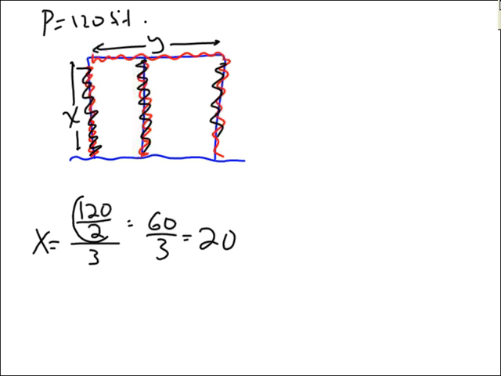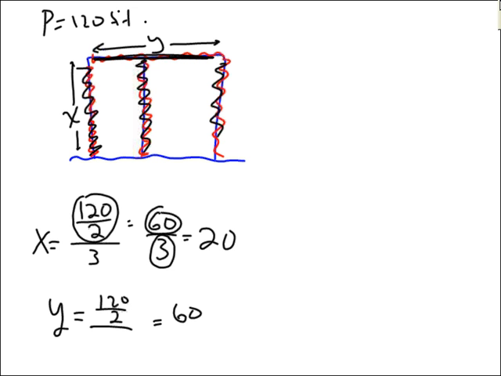Take half the perimeter, 60, and divide it by the number of vertical pieces you need. Now for Y, we take half the perimeter, which is still 60, and divide it by 1. We're just putting one piece left to right. Divide by 1, you get 60.